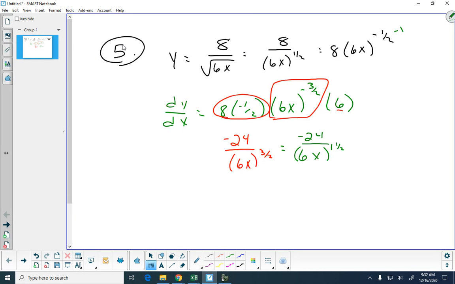I'm writing out additional steps here just to make sure that we understand. So we have 24 over 6x to the first times 6x to the 1/2 power, once again just using my properties of exponents.